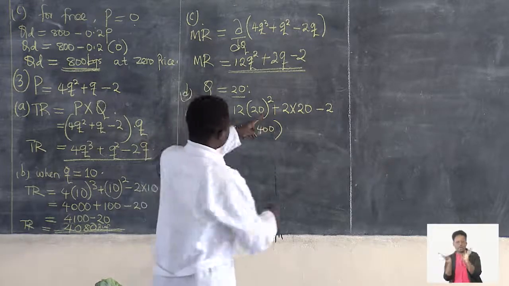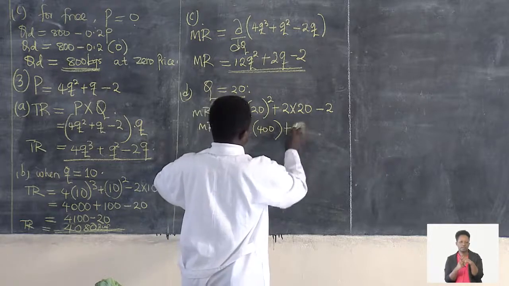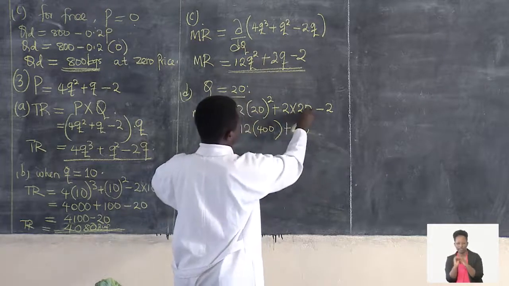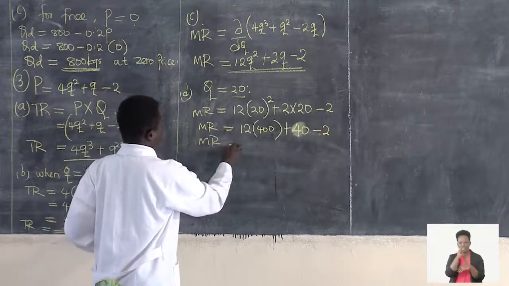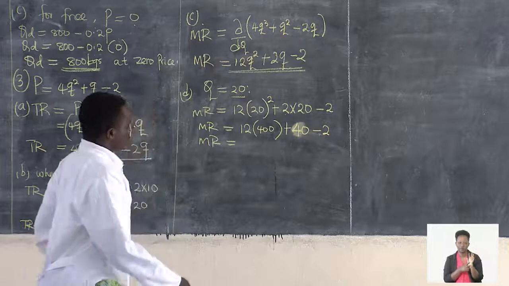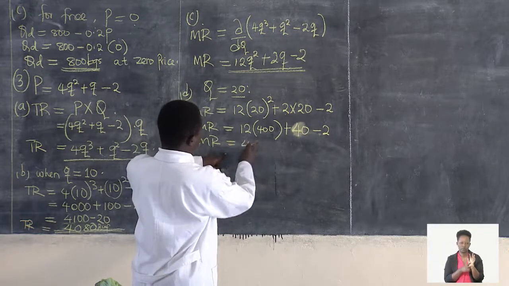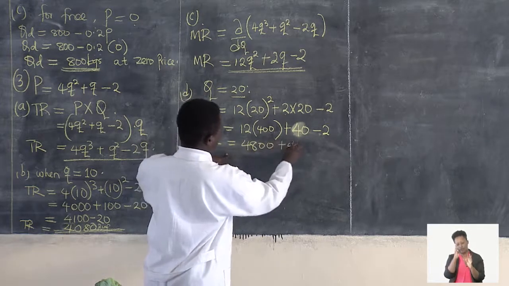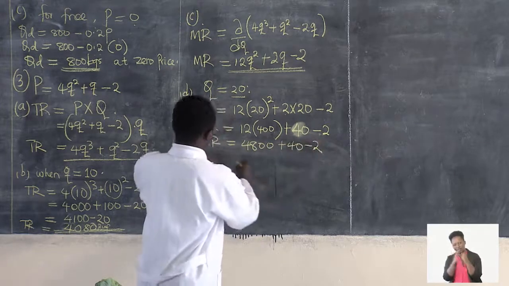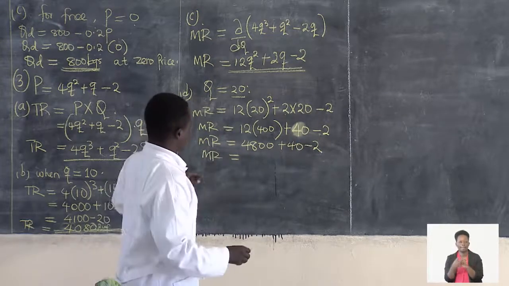So 12 times 400 is 4,800, then plus 40 minus 2. So what is our marginal revenue? You reduce this expression.